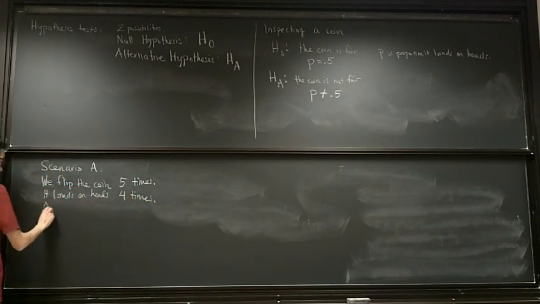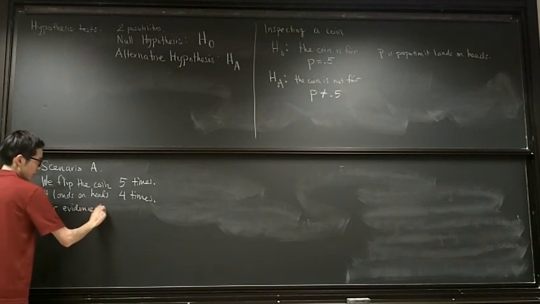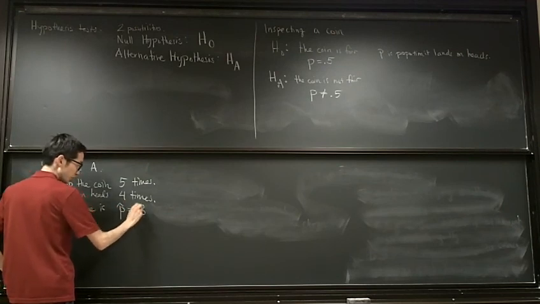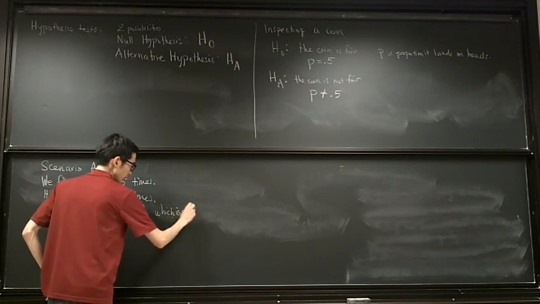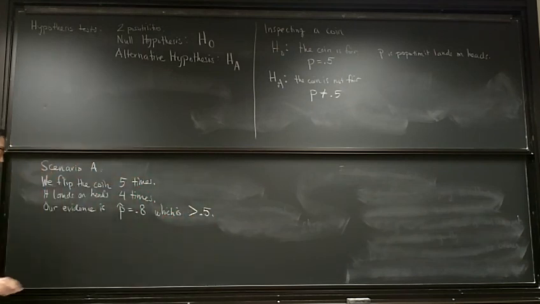So our evidence is that the proportion that it landed heads is 0.8, which is much bigger than 0.5, okay?